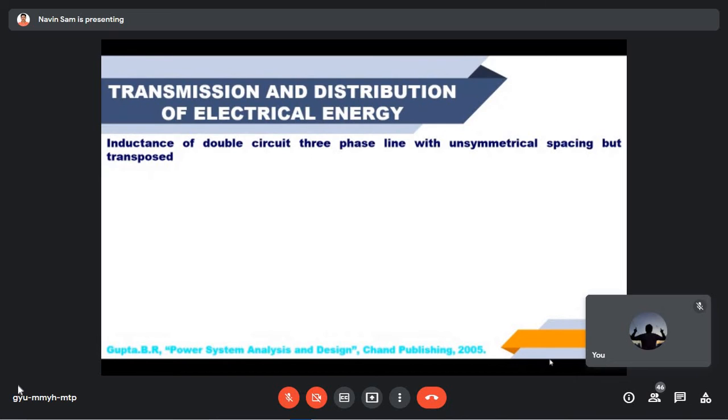The only difference from the earlier case is that, for a 3-phase line, each phase has two conductors.